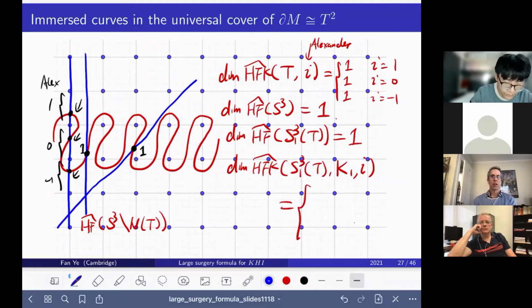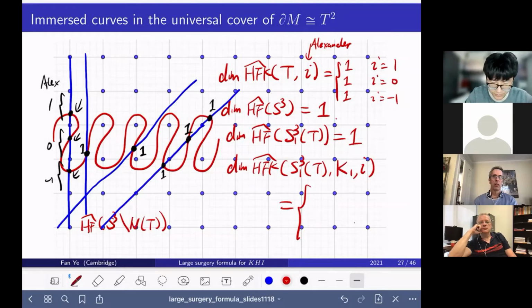For this, we consider a line of slope 1 that passes the base point, and we find that there are three intersection points. So this is one-dimensional in each Alexander grading.